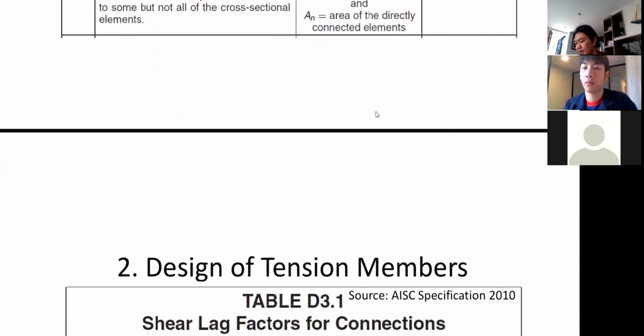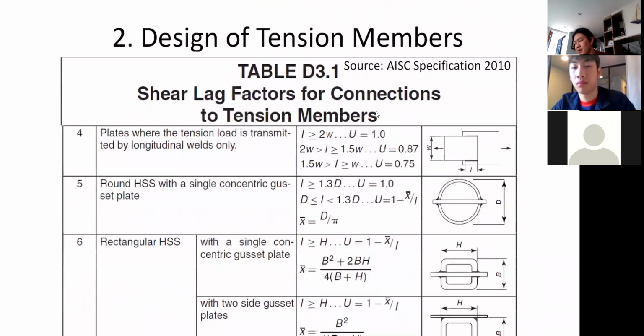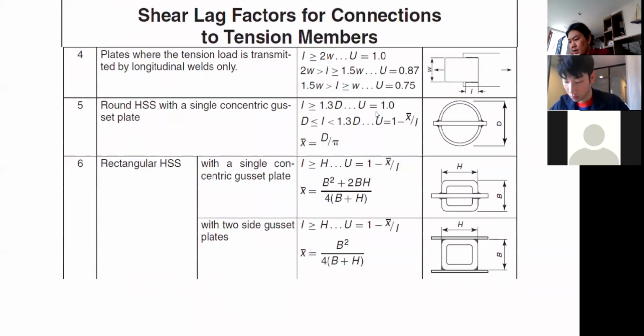Right. It's just more suggestions by them, because look at this picture. This is a picture of the plate. The shear lag is going to occur when you weld the plates on just the parallel direction of force.